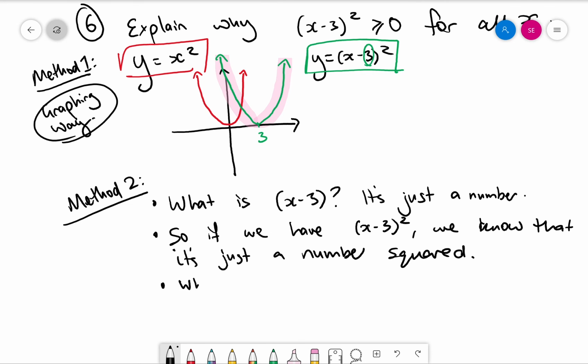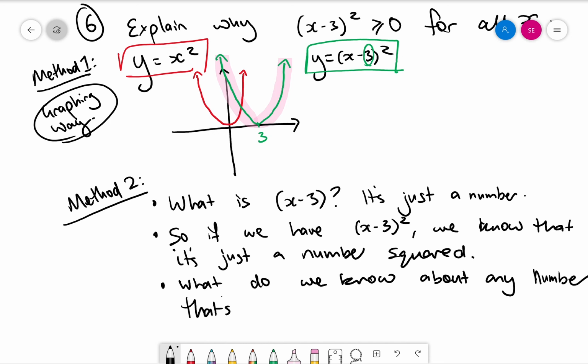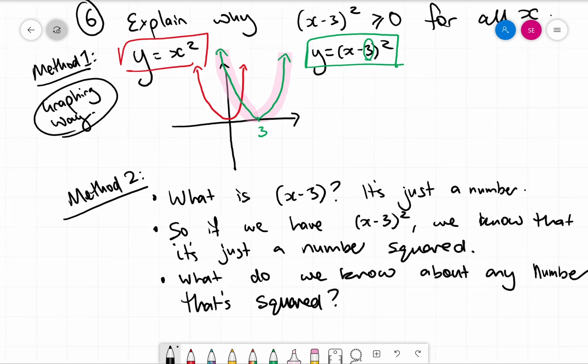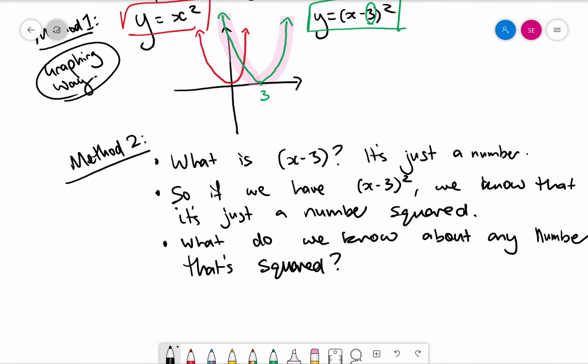And what do we know about any number that's squared? Well, we know it's greater than or equal to 0.